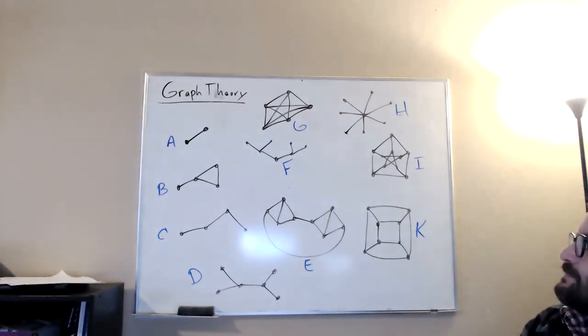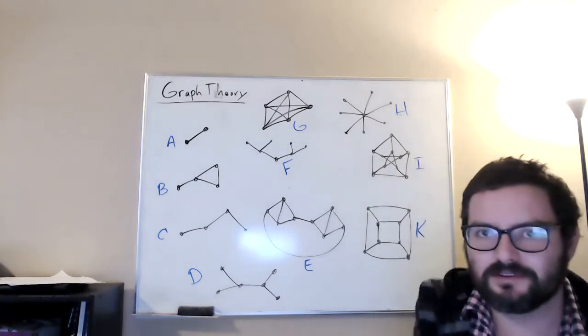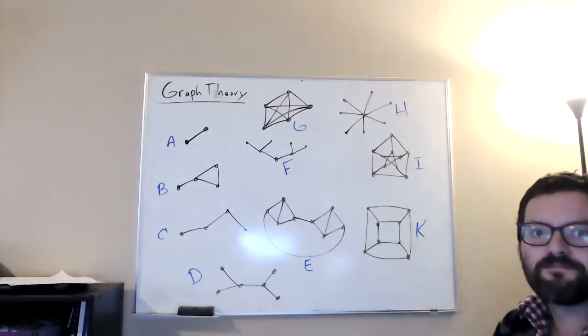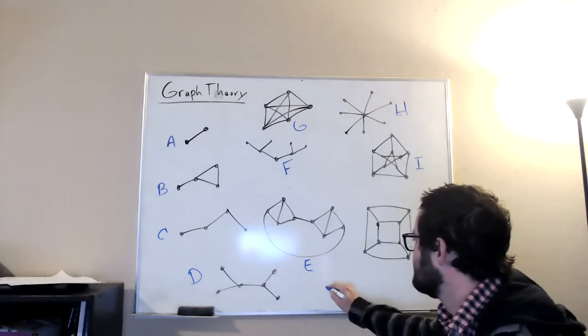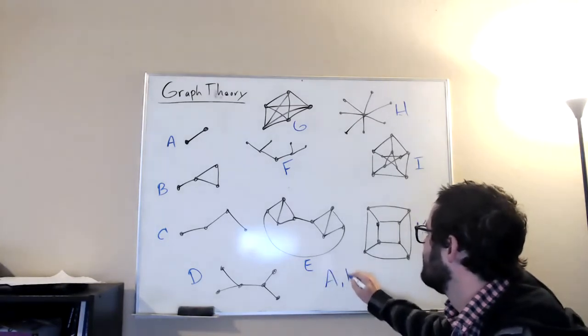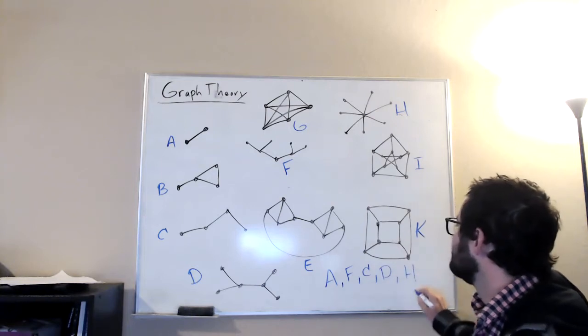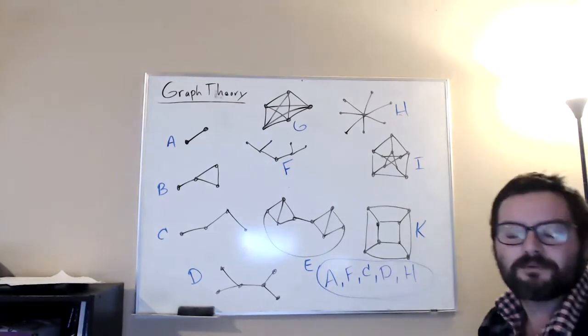So which five do you think belong to the same family, meaning that they're a part of a set of graphs that all have something similar in common? A, F, C, D, and H. Yes. Why are those similar?